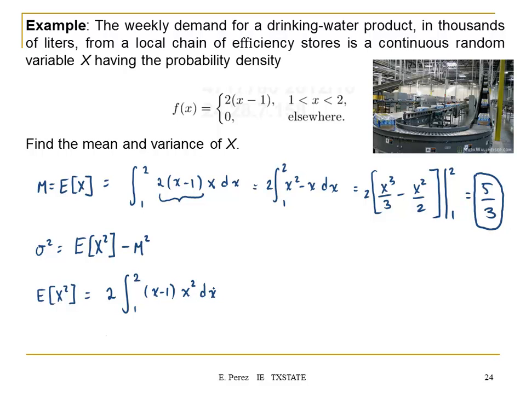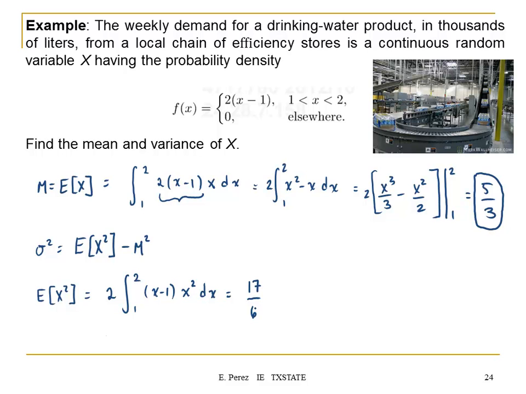To find E of x, or the mean, you multiply by x. To find the expectation of x squared, you multiply by x squared. Solving this, it's basically the same integral, and you find that this is equal to 17 over 6.